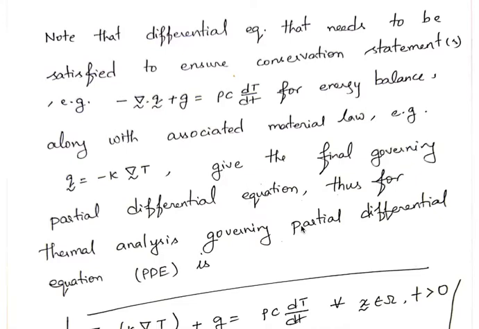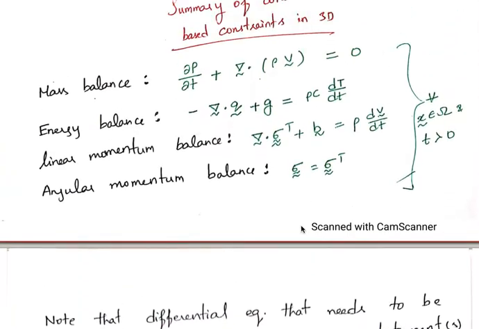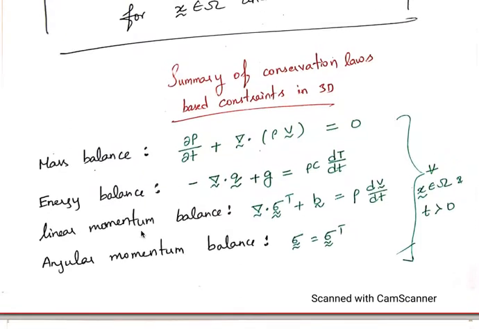For mass balance and energy balance, sign conventions, heat flux. So for energy balance, what was the first term? The first term was related to net heat entering the subdomain, correct?